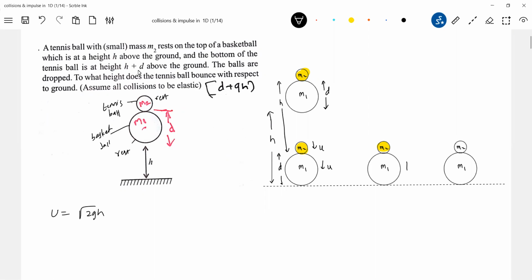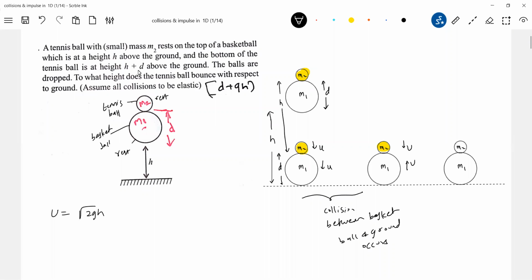The direction will change, so let it be U, and it will still be U. So here what actually happens? Collision between basketball and ground occurs.